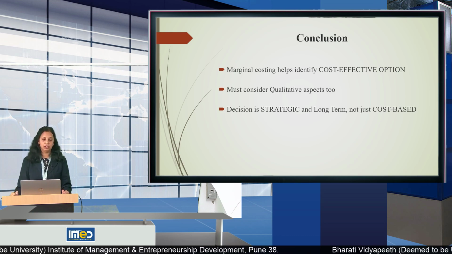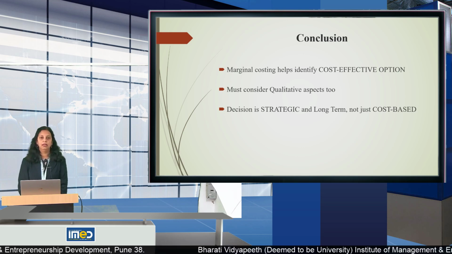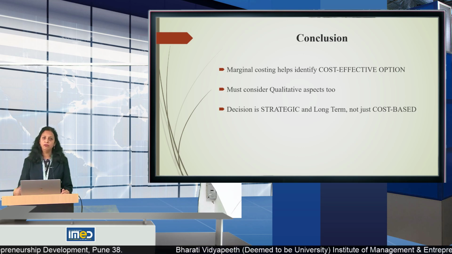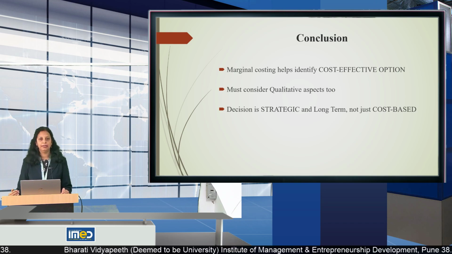This decision is strategic, and it involves long-term impact, and it is not based only on cost. You have to also consider the qualitative aspects. Now, we are going to see the practical industry case, and how this decision is made. The practical aspect we are going to see later.